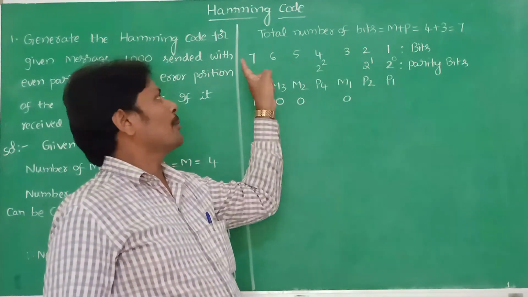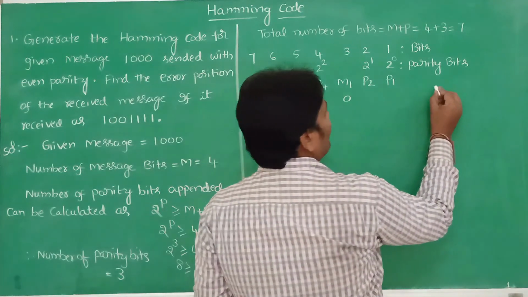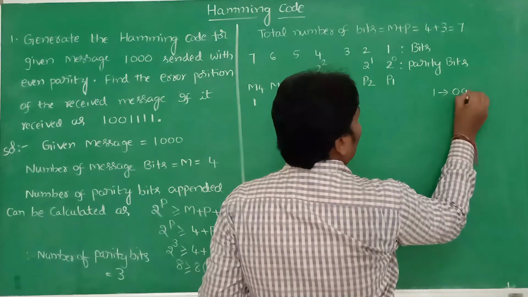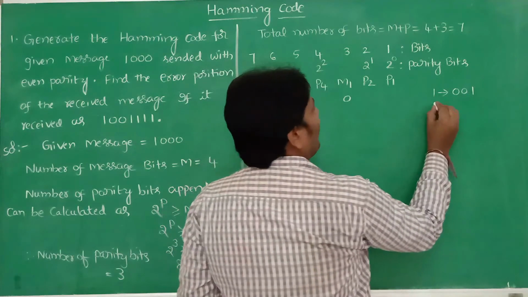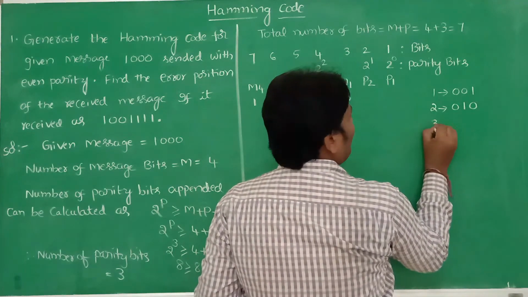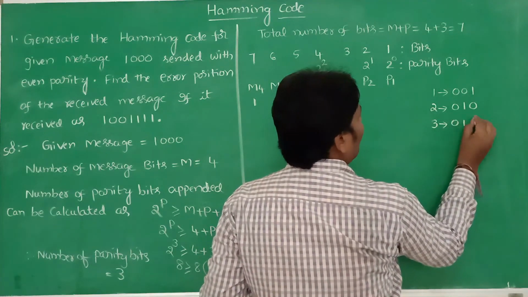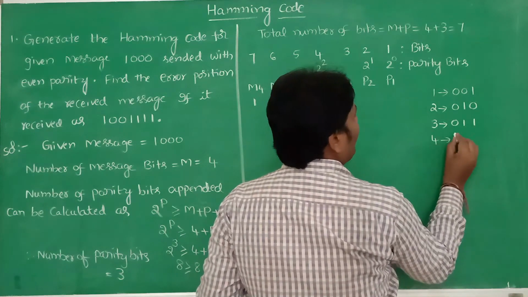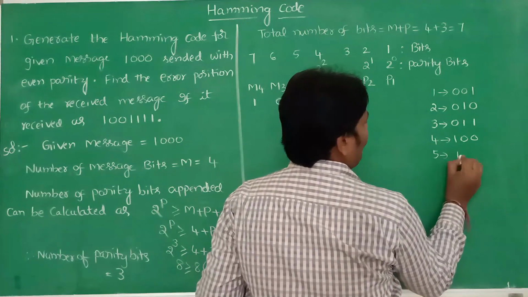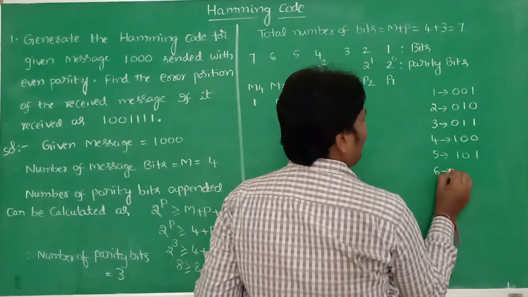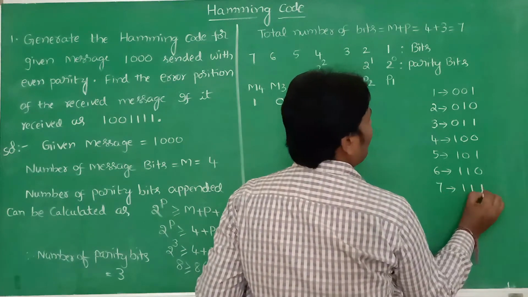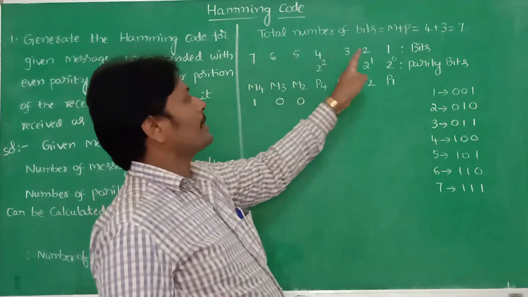For these 7 positions we have to write the binaries. 1 in binary form is 0, 0, 1 and 2 is 0, 1, 0. 3 is 0, 1, 1. 4 is 1, 0, 0. 5 is 1, 0, 1. 6 is 1, 1, 0. 7 is 1, 1, 1. Okay, so 7 bits are there.